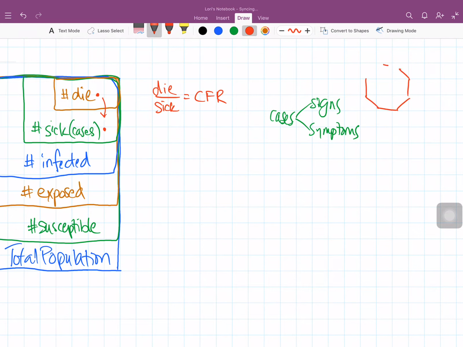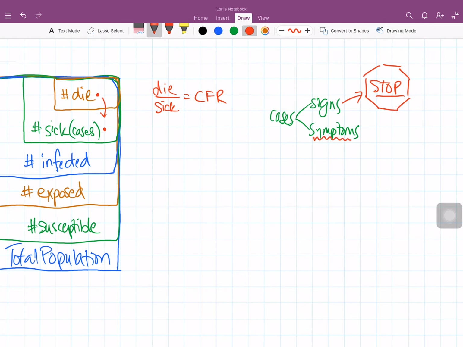What exactly is this thing? It is a stop sign. A sign is something that you can see, and so it's something that is objective. So for example, you can see that a person has a rash. You can measure a person's white blood cell count. You can take their temperature and see if they have an elevated temperature. So these things that are objective are signs.